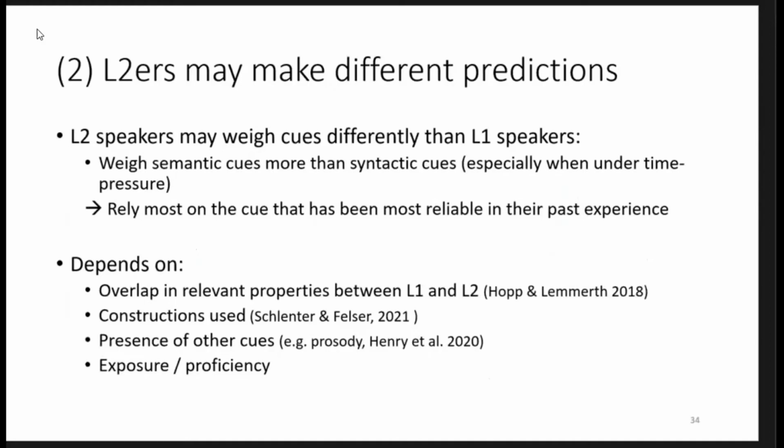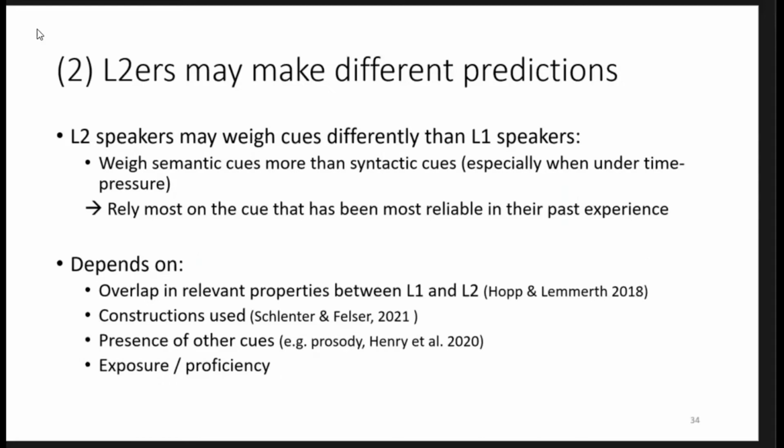The L2 speakers really like this agent for patient strategy, especially coming from a native English background that doesn't have any case, that doesn't have any weird word orders. I should not say weird as a linguist, but you know what I mean, non-canonical word orders. And so L2 speakers rely on the cue that was most relevant for them in the past. So that's why you could account for these kinds of data.